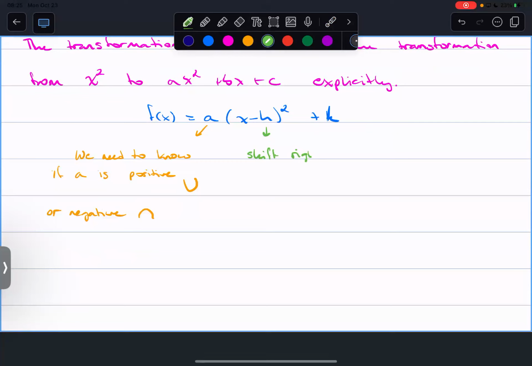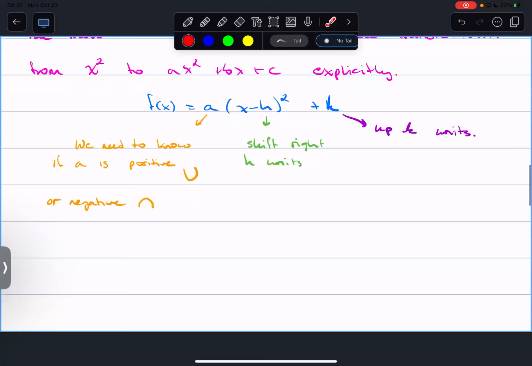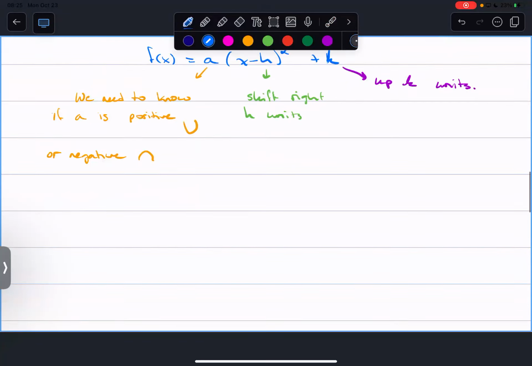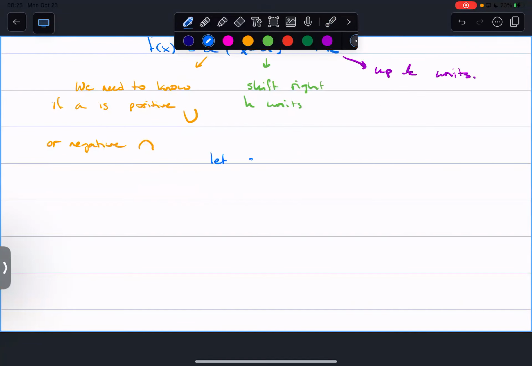Shift right h units and up k units. Let's see, where's a color I haven't used yet? Purple. Up k units. If we let a be positive for now, let's just think about a basic parabola. So let a be greater than 0.